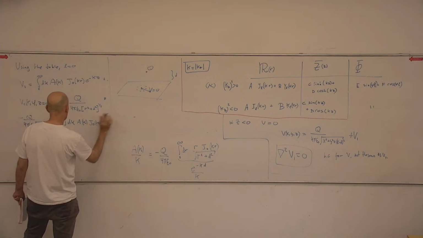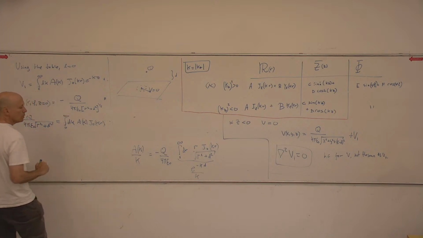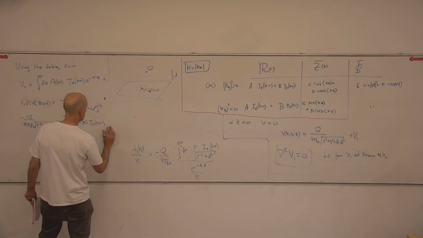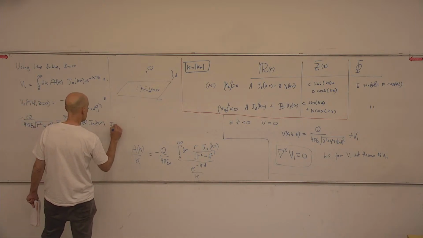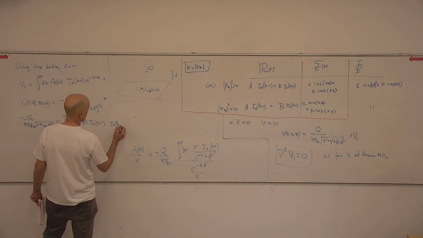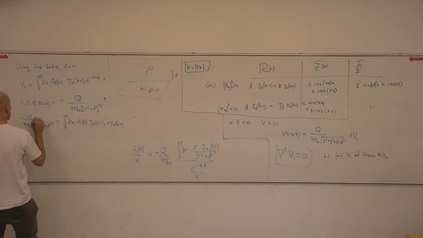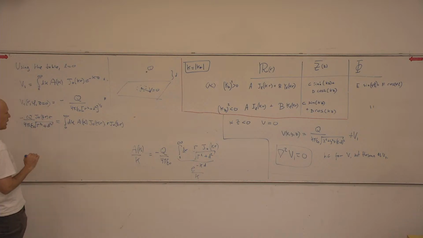Oh, I have already dk. Agree? Okay. Now, what I said is if I multiply this by J0Q of R, and I think you need also an R here, then I need to also integrate here J0Q of R and R, and now I integrate over R.